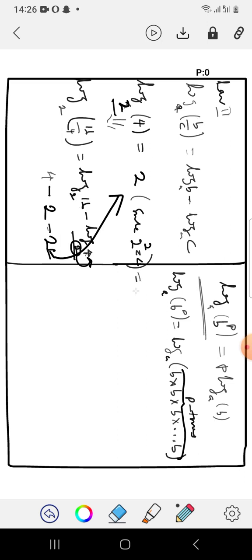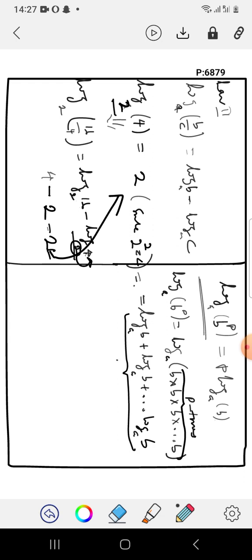So if that's the case, then according to the product law, we are going to have log a b plus log a b plus log a b, p times. If you repeat something p times, then it's the same thing as p times that thing that you are repeating, which is log a b. So that settles that. Now let's seek out an example of that.